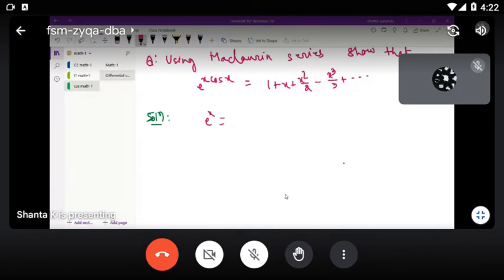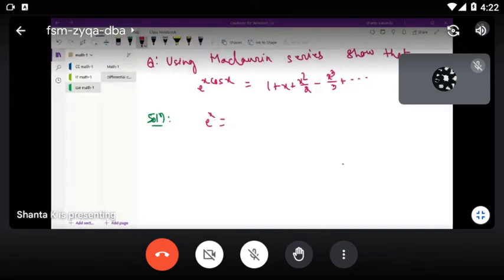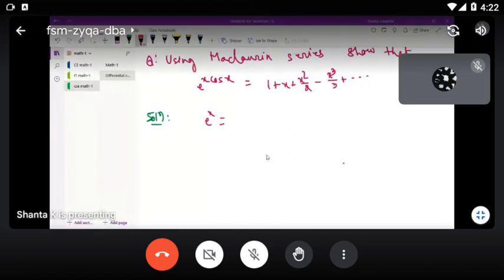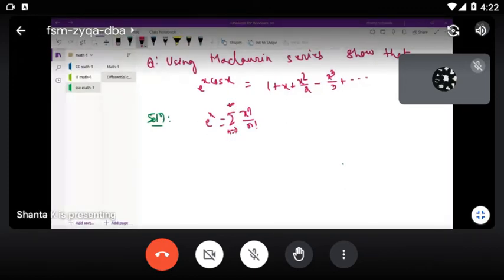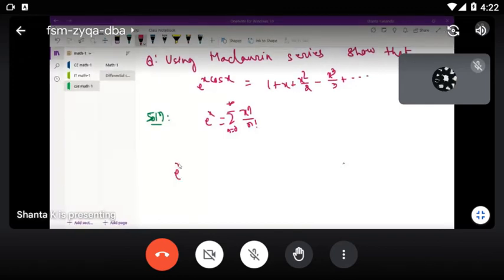Let's say, let me do it this way. So we know the sum of x^n by n factorial. This is the series expansion of e power x. Then we have e power x cos x, so it will be the sum of (x cos x)^n by n factorial.